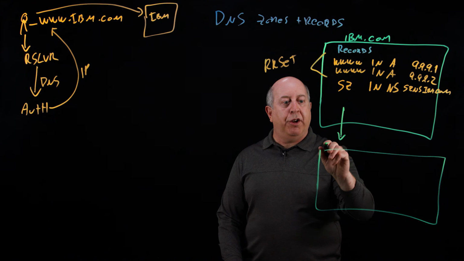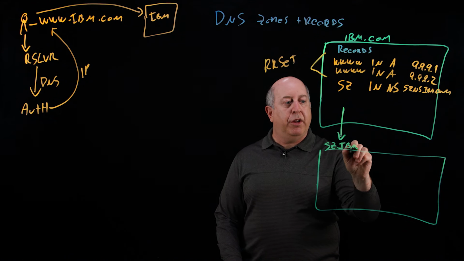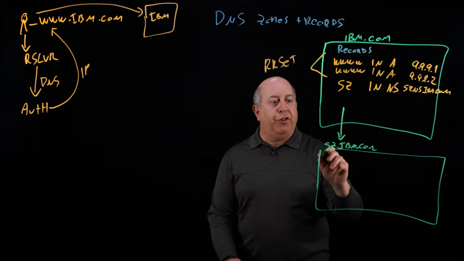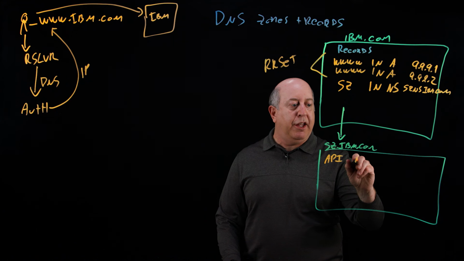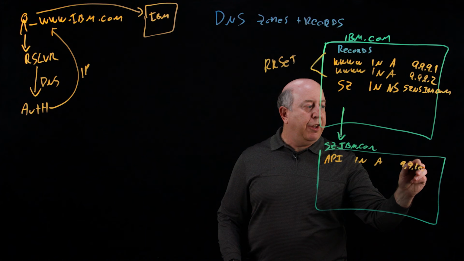called subzone, subzone.ibm.com. And in here, we can also set up records. So say maybe that team wants to set up an API. So they create a record API, also an A record, and it points to 9.9.10.10.